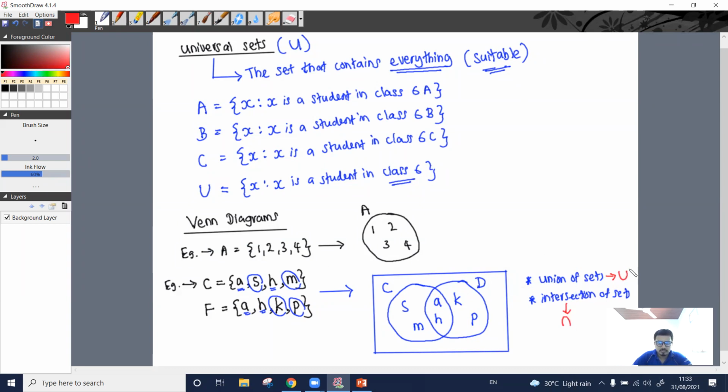Union means what? Once we put this symbol, what is the meaning there? The students who like cricket or football. Not 'common'. Union of sets. If we put this symbol, what is the meaning of that?